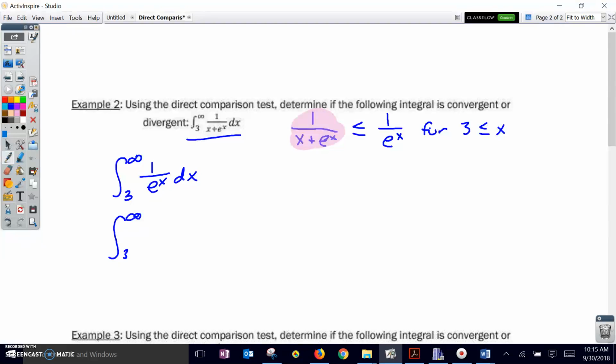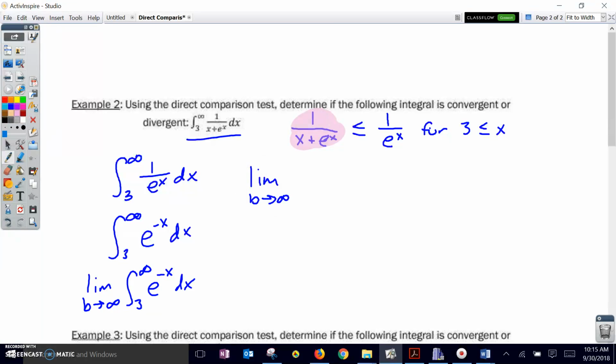This is equal to the integral from 3 to infinity of e to the negative x dx, which is the limit as b goes to infinity of the integral from 3 to b of e to the negative x dx. And the antiderivative of that is just negative e to the negative x.